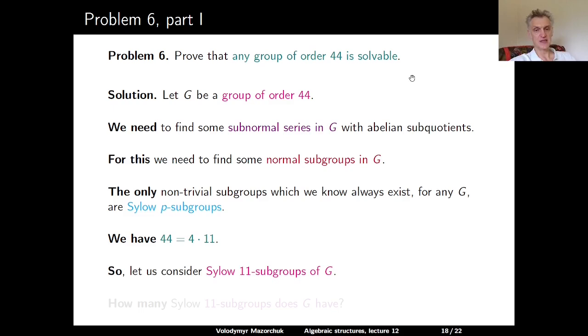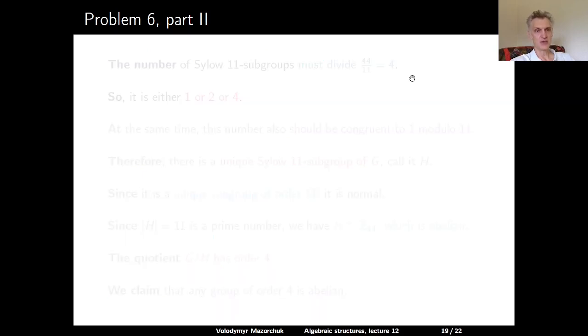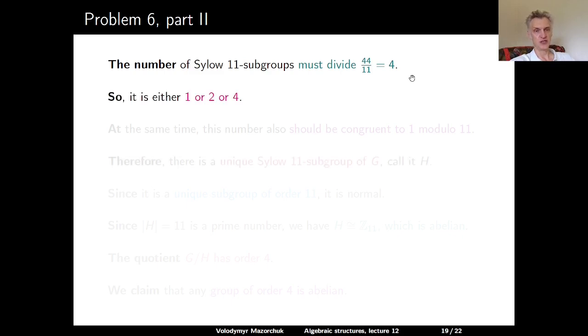So let us consider Sylow 11 subgroups in our group G. The question is, how many Sylow 11 subgroups do we have in G? We know that this number divides 44 divided by 11. So this is 4. So the number of Sylow 11 subgroups in G should be 1, 2, or 4.